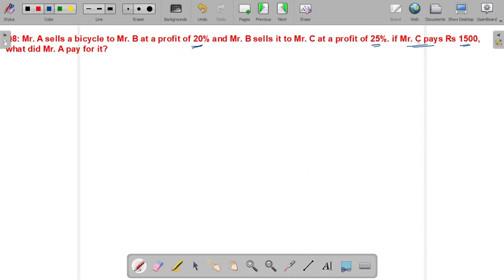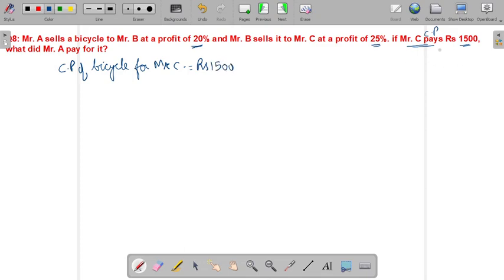Means first we will take the concept for Mr. C, then for Mr. B and then for Mr. A. Mr. C pays rupees 1500. Pays, so this is the cost price for Mr. C. So the cost price of bicycle for Mr. C equals rupees 1500.